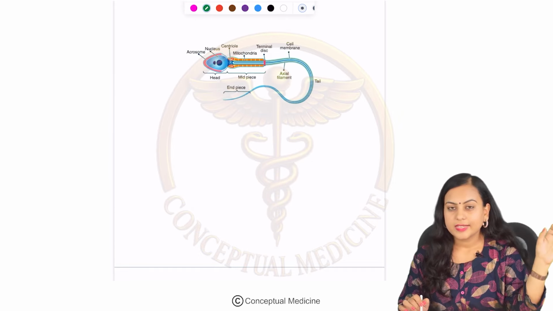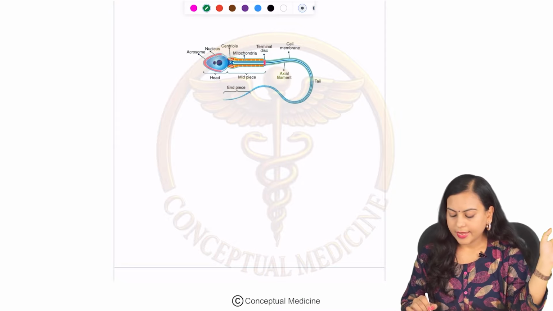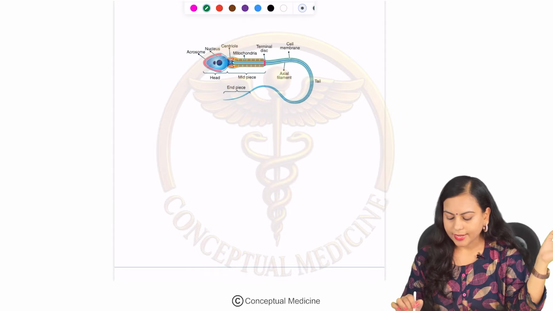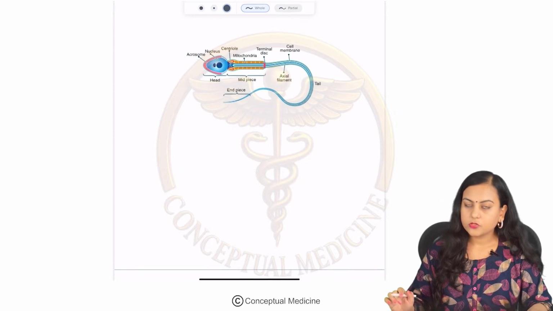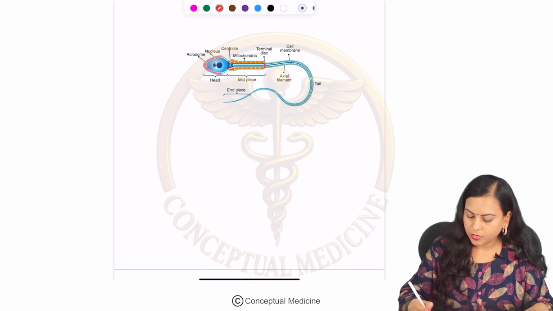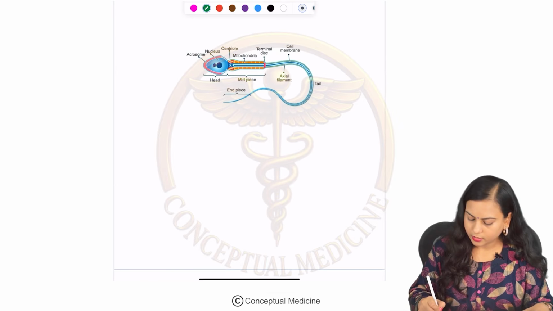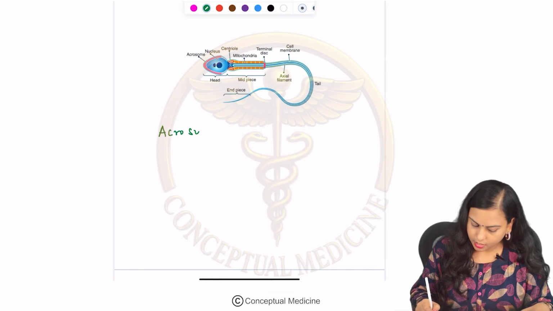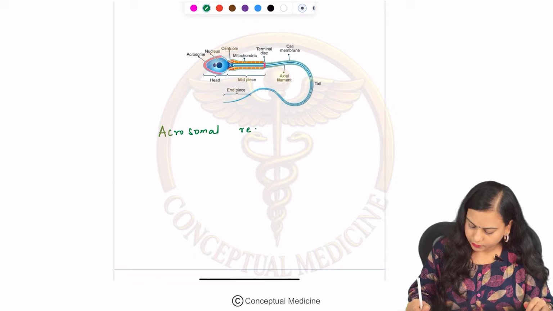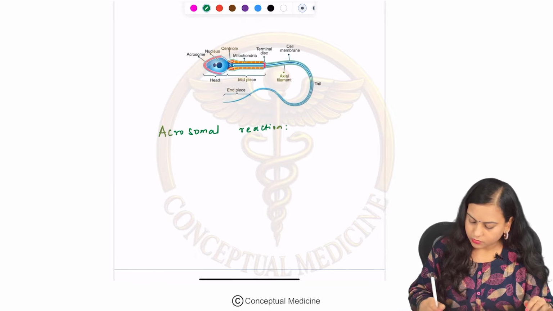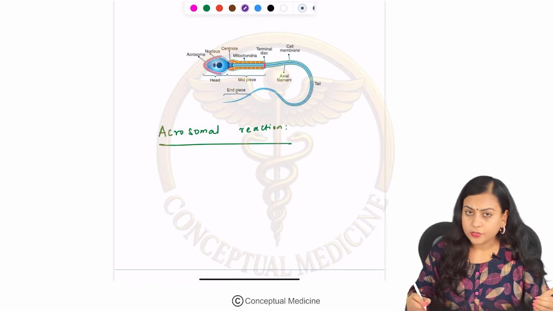Clear? Now let's see the structure of the sperm. We have the head, midpiece and the tail. In the head, we have the acrosome and the nucleus, and the midpiece consists of mitochondria, and the tail consists of axial filament, right? So this acrosome is important because it brings about something called the acrosomal reaction. The acrosome consists of hydrolytic enzymes.